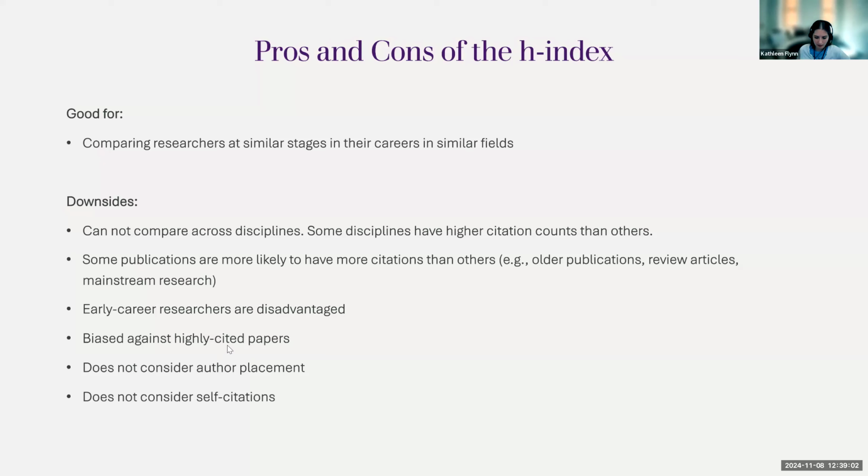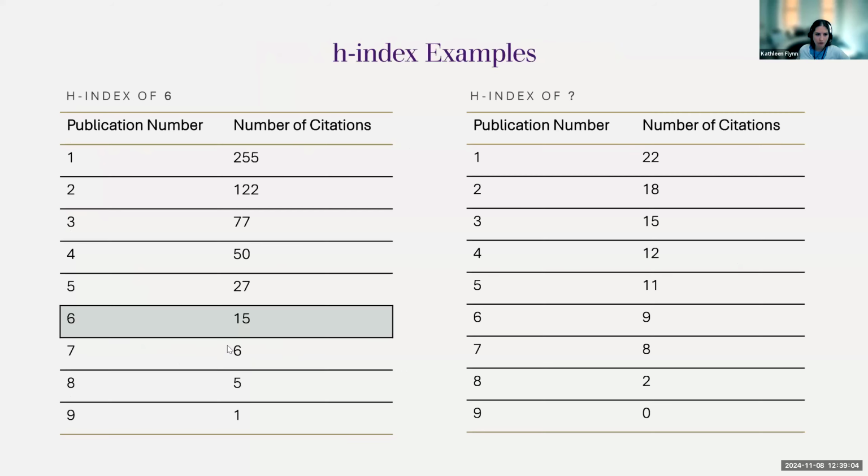It's also a little biased against highly cited papers. So in this example here, this person had an H index of 6, but they have a couple of publications with hundreds of citations, whereas this person has fewer citations, but their H index was 7. So you might say, well, that doesn't seem fair. But again, you also have to think these could be in different disciplines.